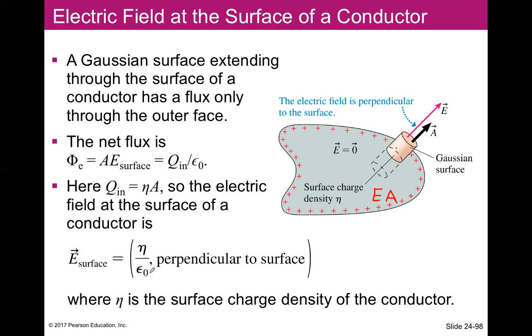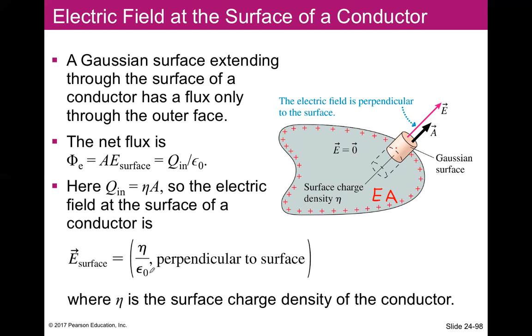So that's the solution of the electric field close to the surface of a conductor. That's interesting because, first of all, the electric field on the conductor is independent of the position.